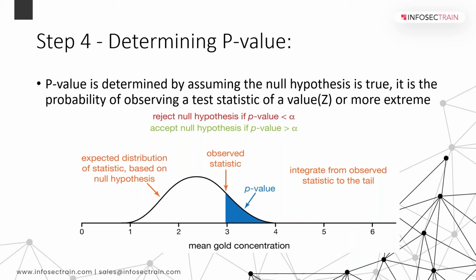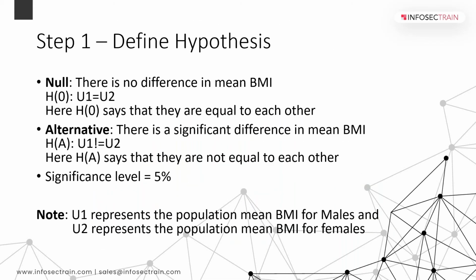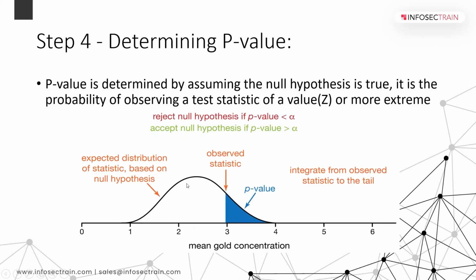With the help of the p value we can accept or reject the null hypothesis by comparing it with the level of significance, the value of alpha, which is given as 5%. The p value is determined by assuming the null hypothesis is true. It is the probability of observing a test statistic of value z or more extreme.